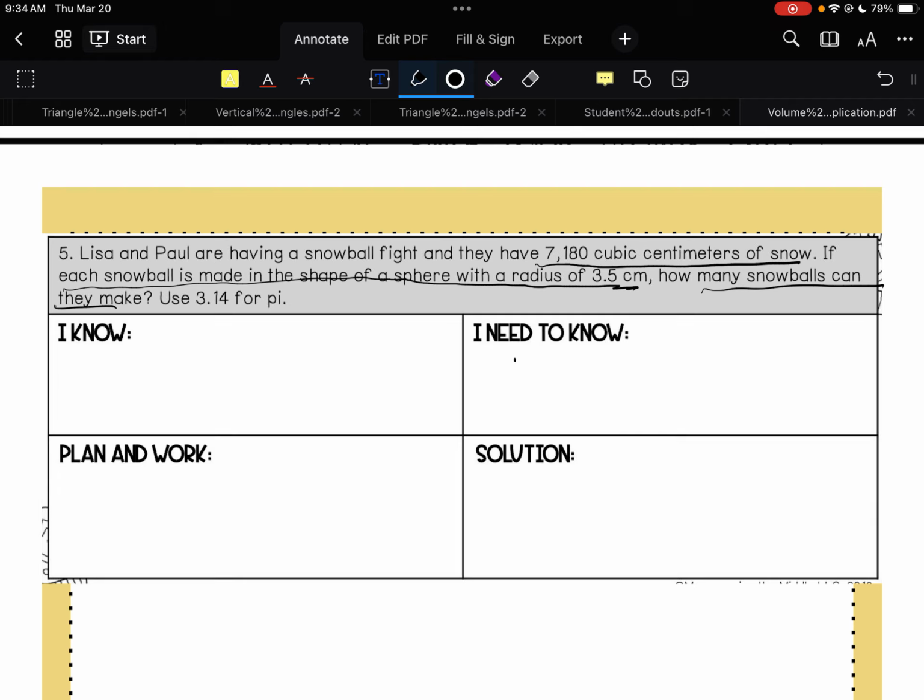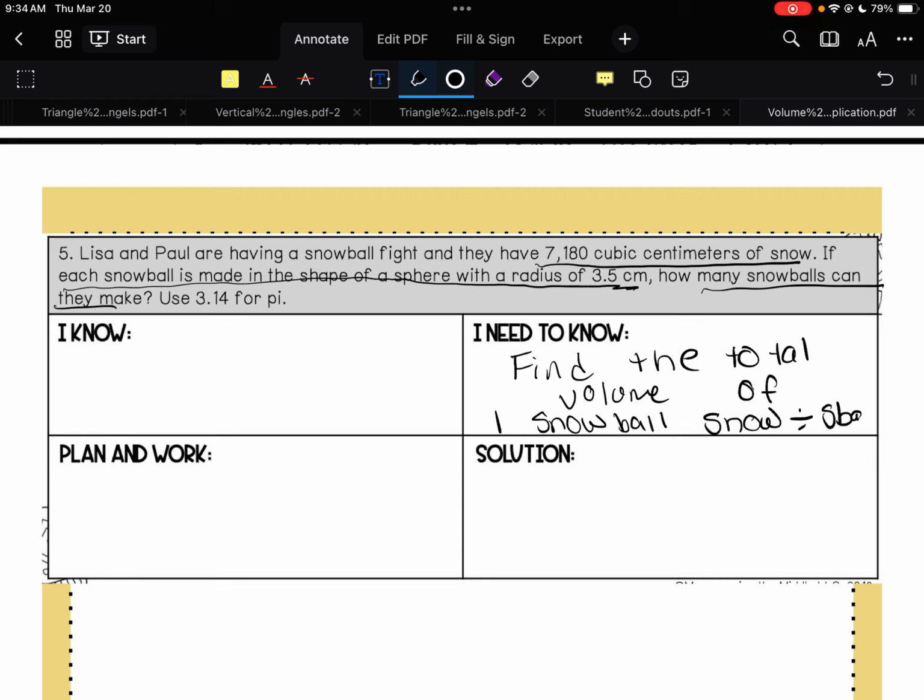So you need to find the total volume of one snowball and then do snow divided by the snowball.